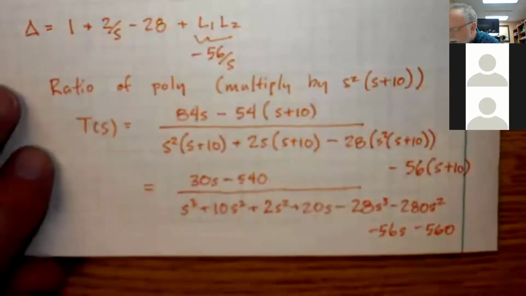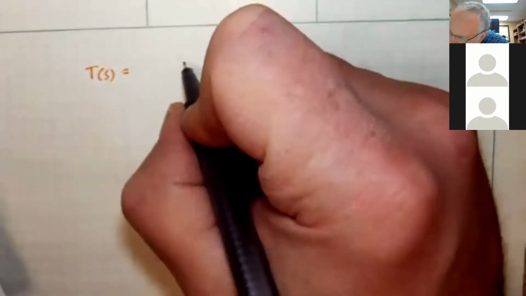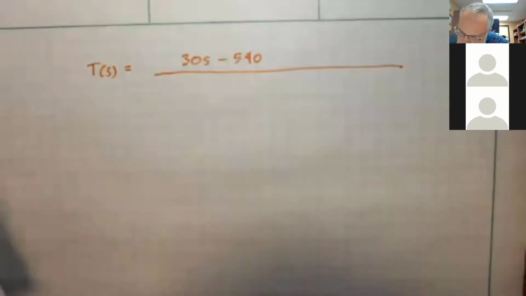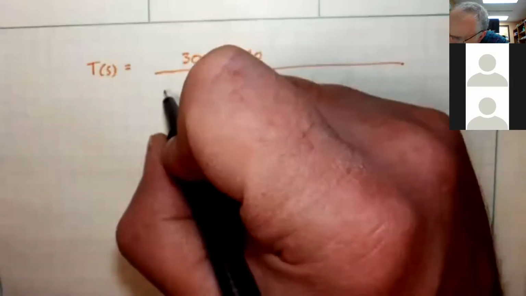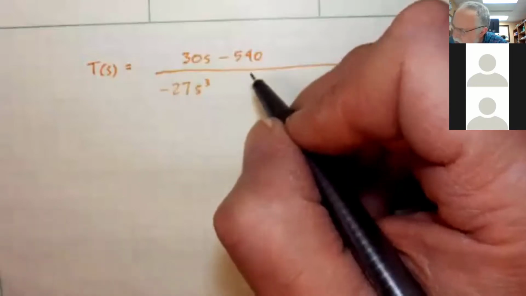It is. Okay, so I guess I should write it all the way out. T(S) equals, well, the 30S on top minus 540, and then if I combine the S cubed terms, I've got minus 27S cubed, and I've got S squared terms. I've got plus 12 minus 280.